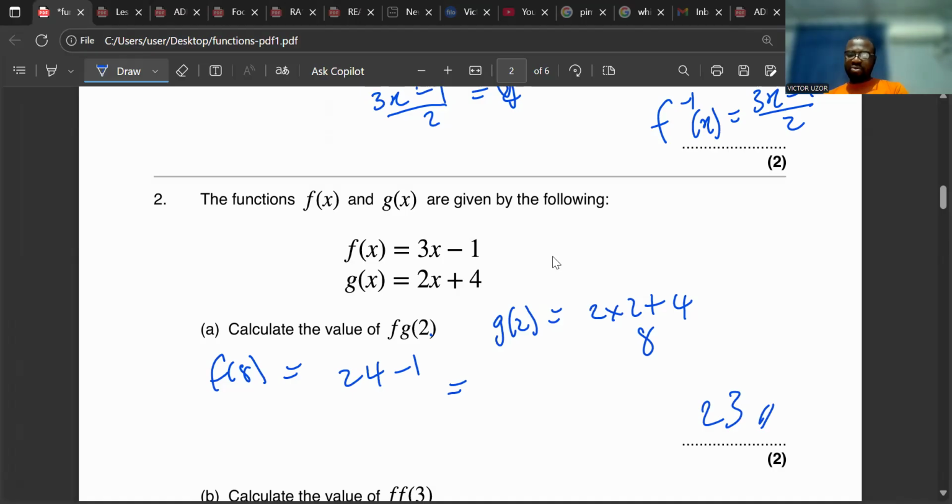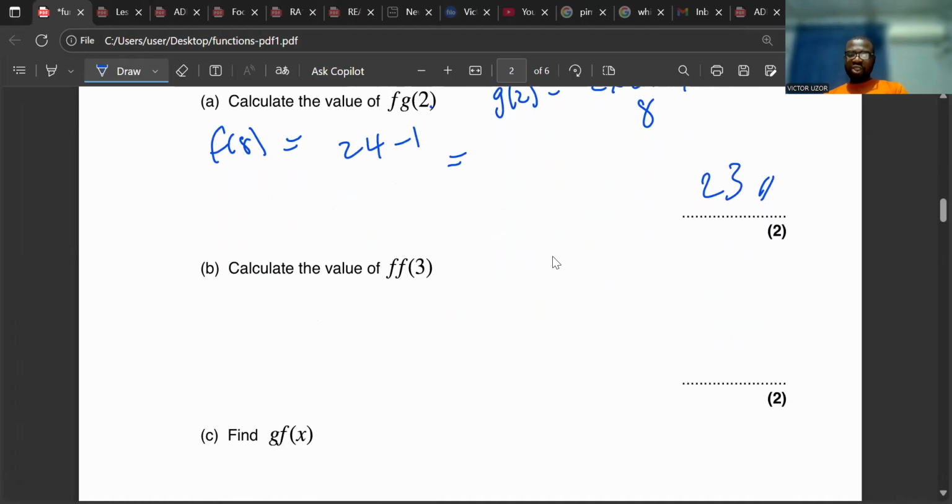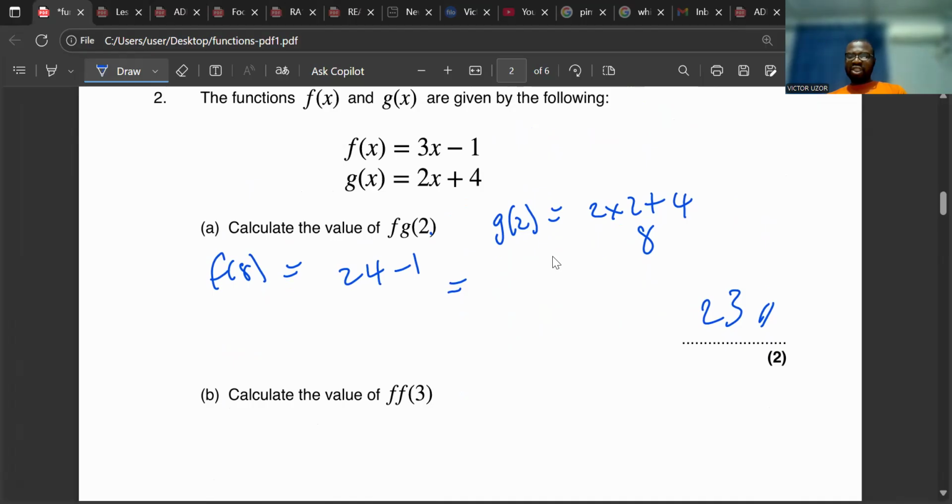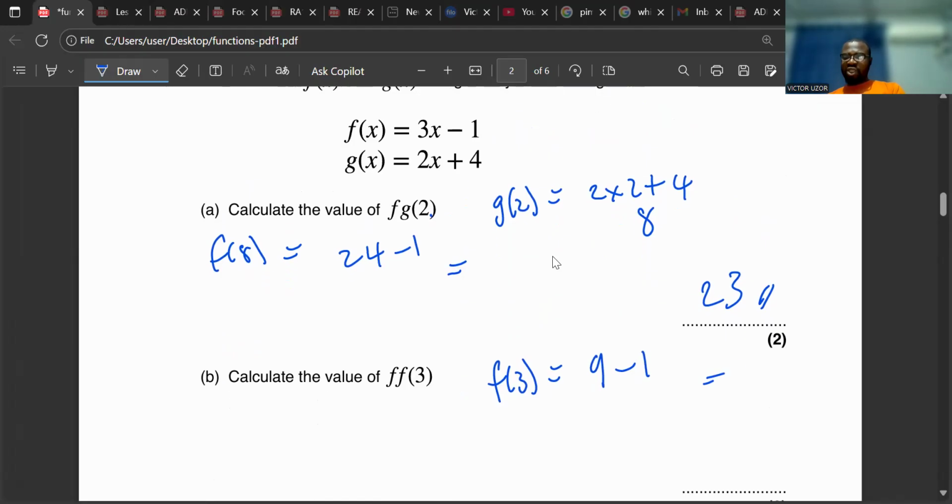So this one says calculate f of f of 3. That means the same thing. The only thing you do is that you put 3 in f, and the answer you get, you put it in f again. So the first f of 3 will be 3 times 3, 9, minus 1, which will give you 8.